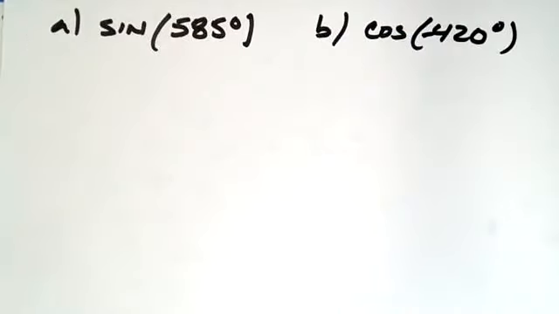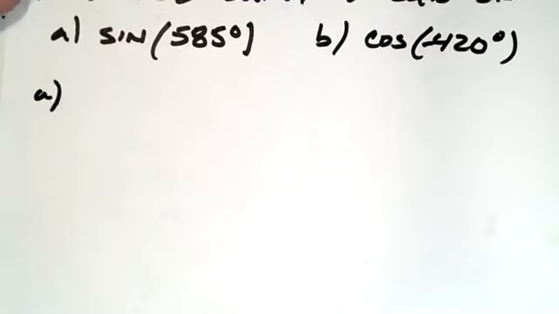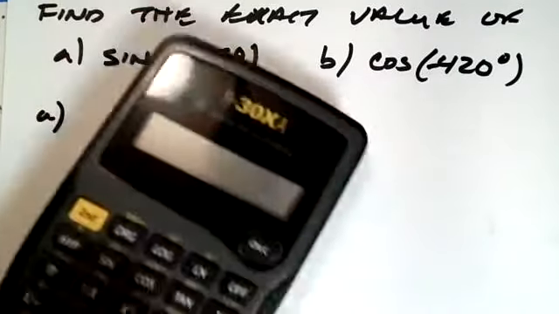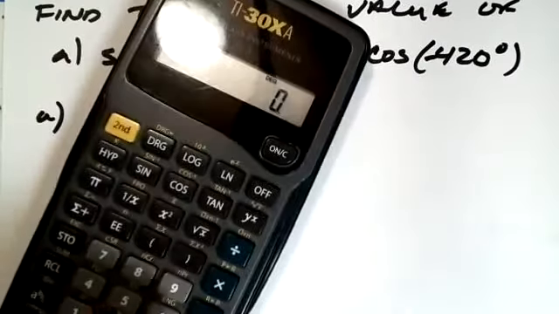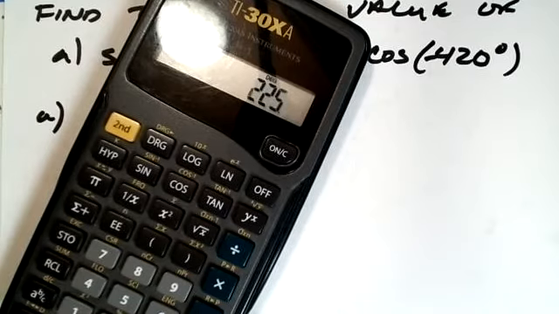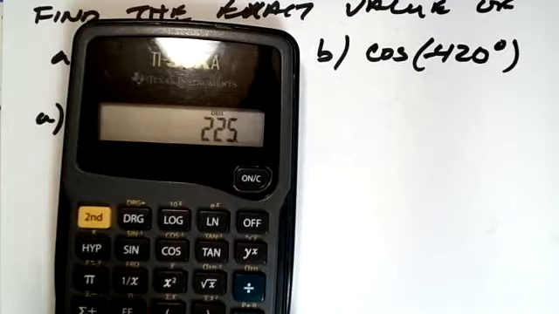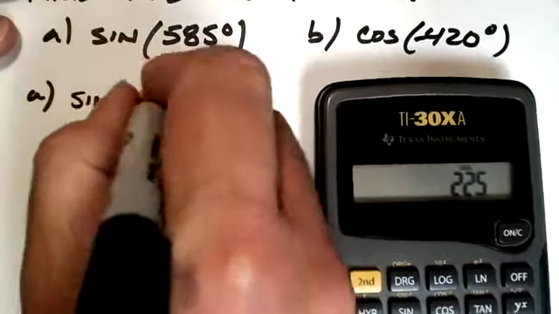Okay, so first off, in any one of these problems, you have to figure out what the reference angle is first. If you're not real good at doing math in your head, we can just go through here and say, okay, 585, that's too big, is equivalent to 225. Now we know 225 is an angle in quadrant 3. So maybe I can make this chain of argument here.